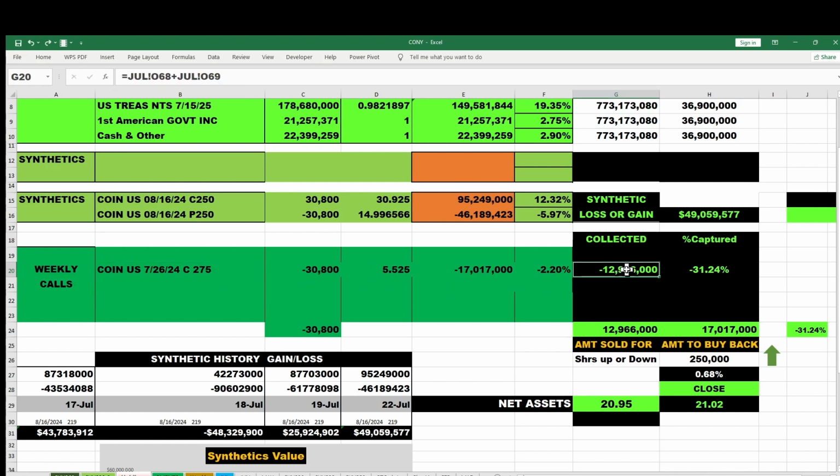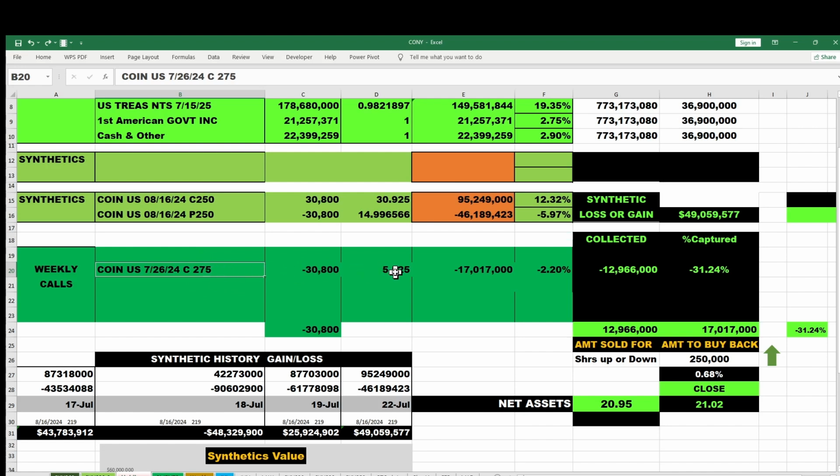We got 13 million, but now they're saying it's worth 5.525, which we can see it's not above that price. So that's all time premium. But if it runs to 300, then it's going to be 25 over, plus if there's a day or two left, a couple more dollars, right?